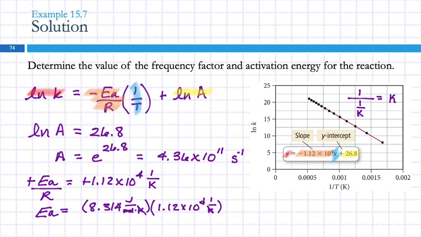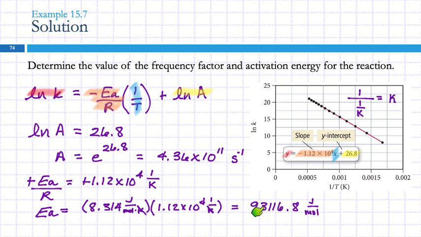Again, you should have your calculators out. 93116.8. What are the units on this? They come from the units here that are left, joules per mole. The answer is given in kilojoules per mole.